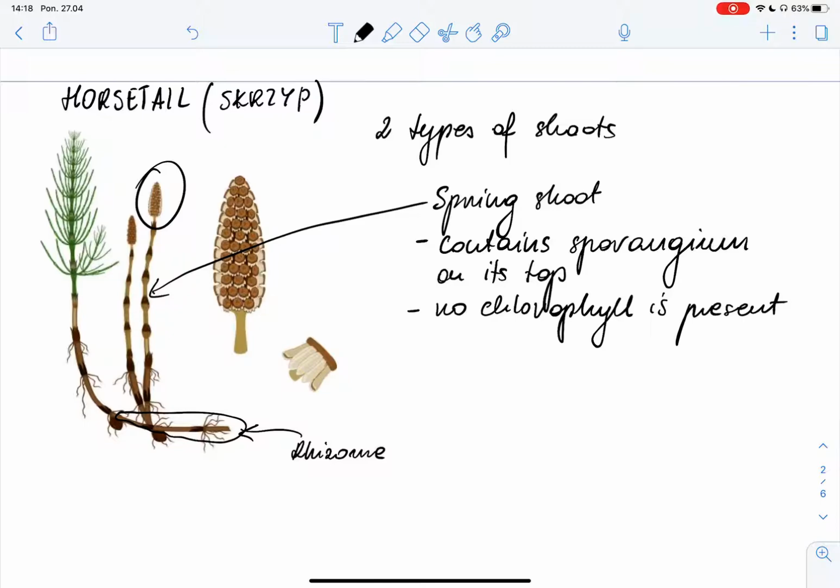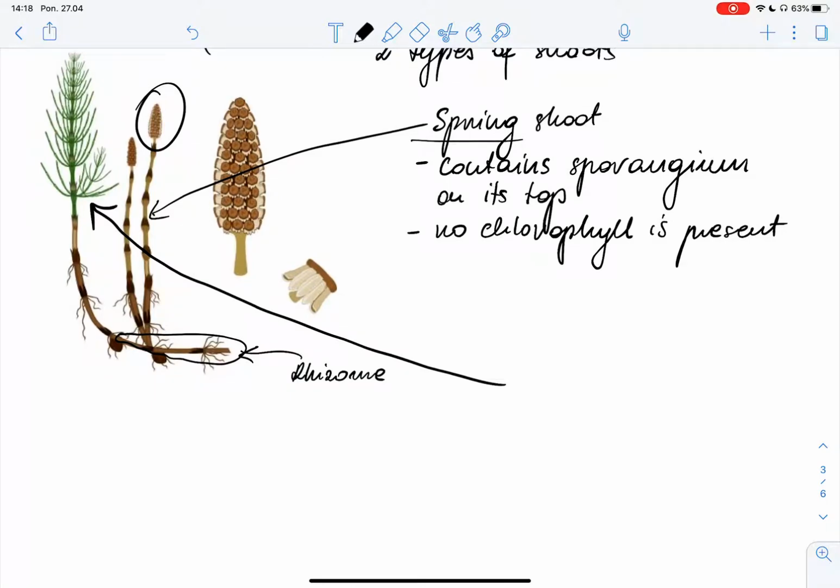But as it says, it's spring shoot, so it happens at the beginning of the spring, but once all the nutrients are being used for creating spores, new nutrients need to be made in order to survive another year, and this happens with the green summer shoot.